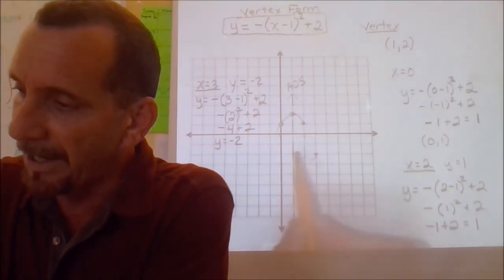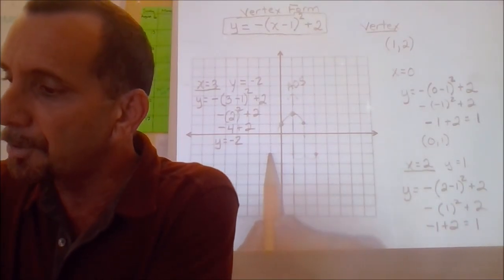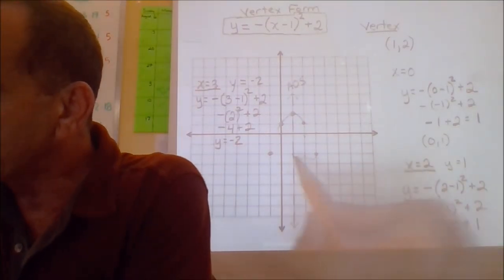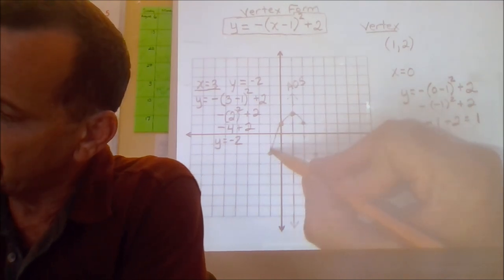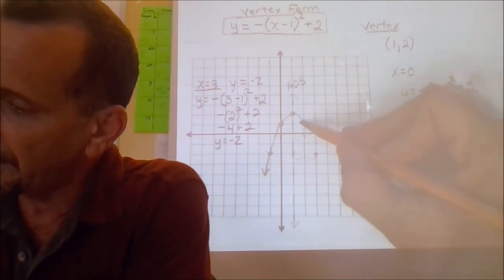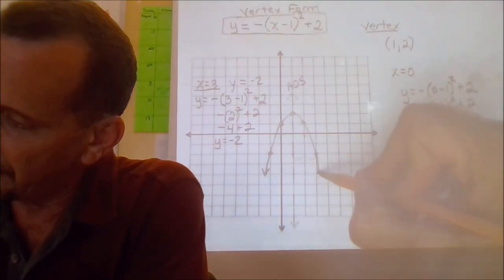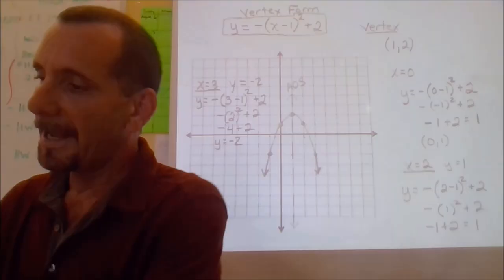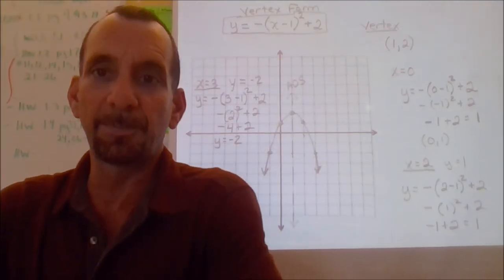And so to get this next point, it's 2 units away from the axis of symmetry on the other side. And that looks pretty good. We can start to plot that parabola. It goes to negative infinity in the y direction. And that looks like a pretty good parabola.